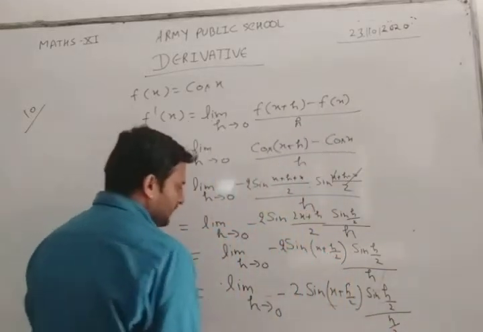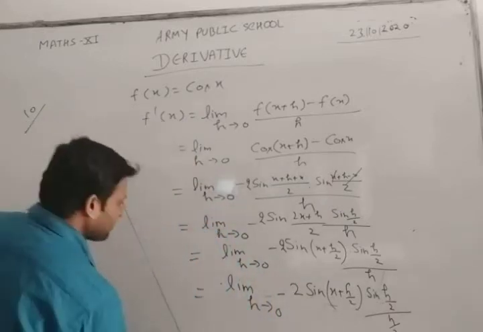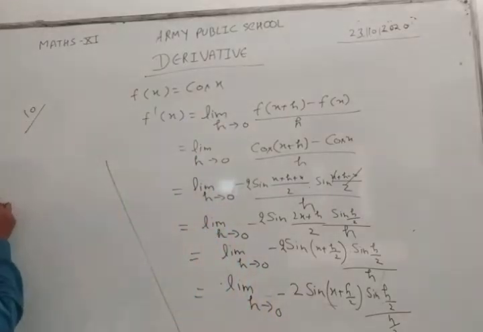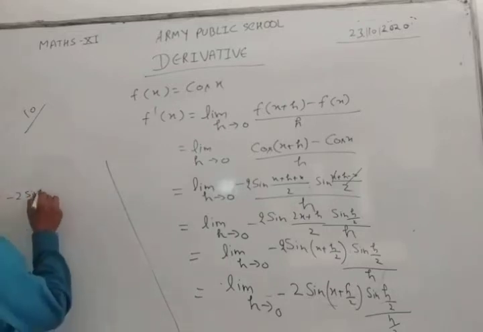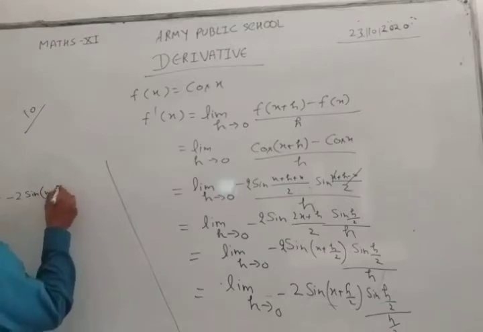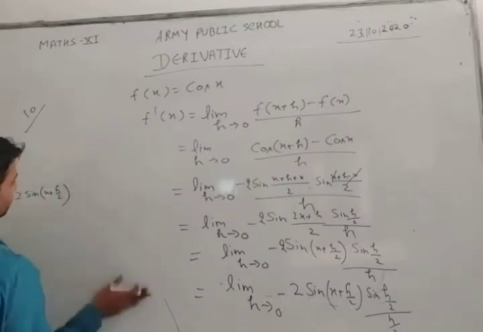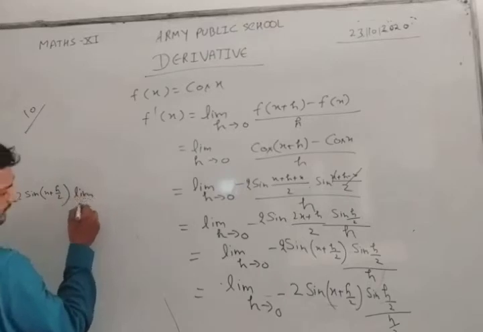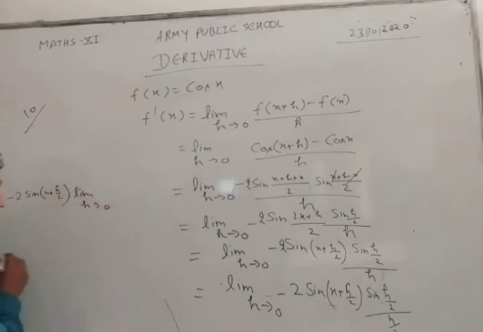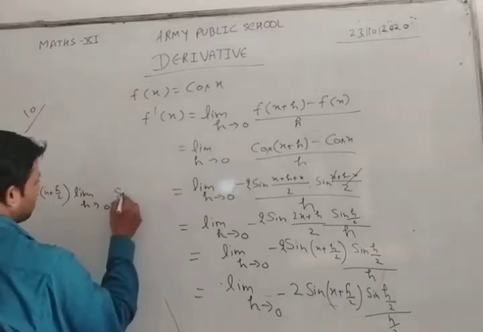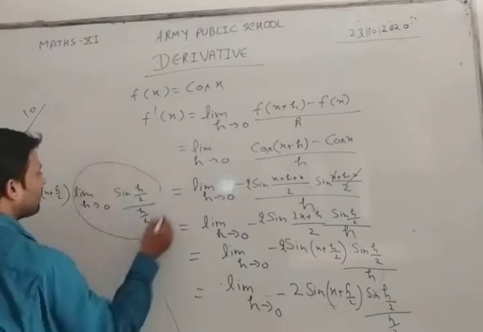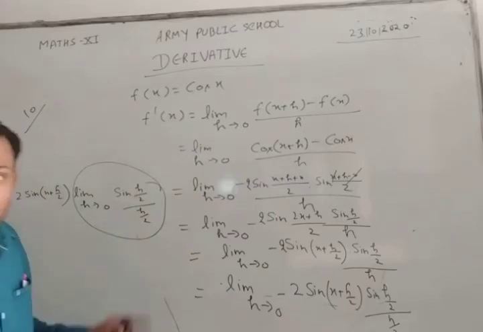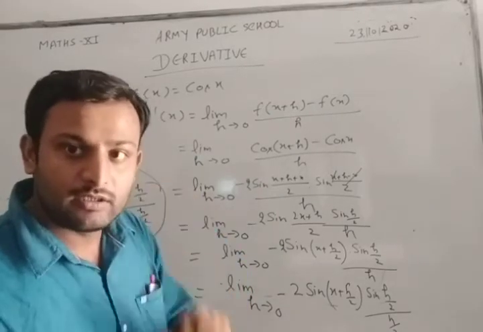Now we put the limit: minus 2 sin (x+h)/2 and limit h tends to 0 of sin (h/2) by (h/2). The value of this will be 1 by the help of the standard result.